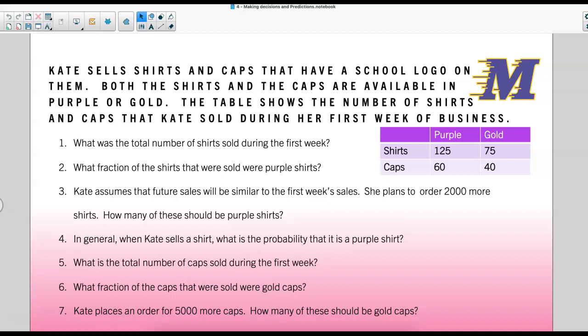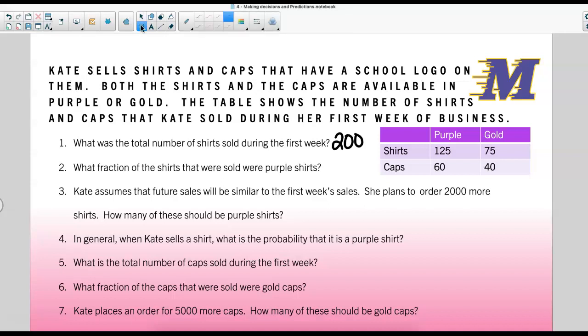We're going to just go through and answer these questions, and it'll all kind of fall into place. What was the total number of shirts sold during the first week? 200, right? You'd add the purple and the gold together. That's an easy question.